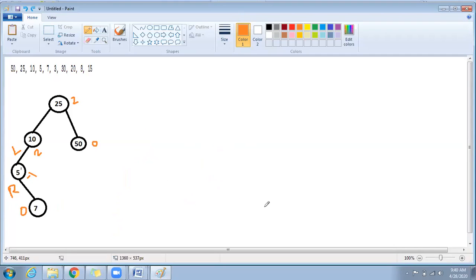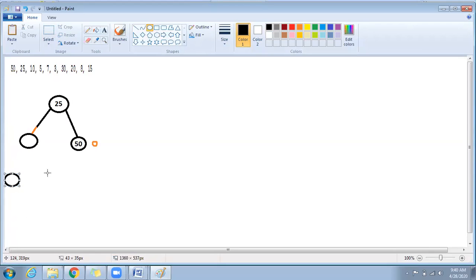I'm just replacing with that. What will happen? So which node will come here?